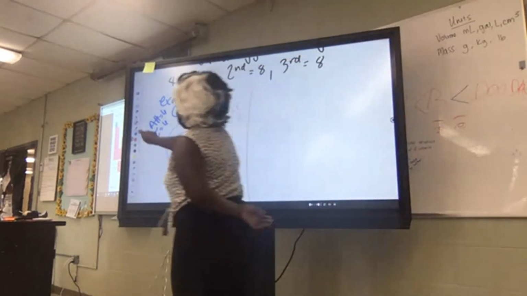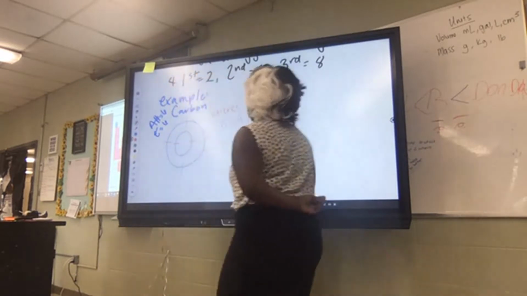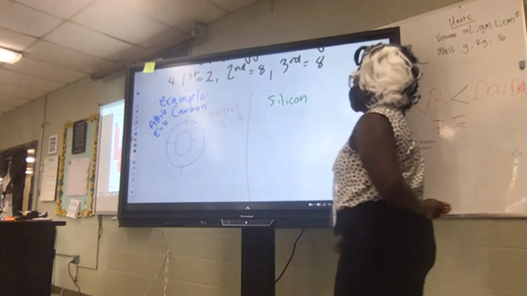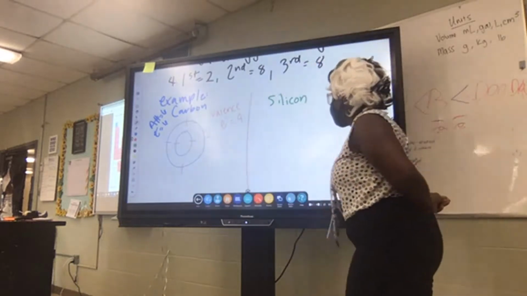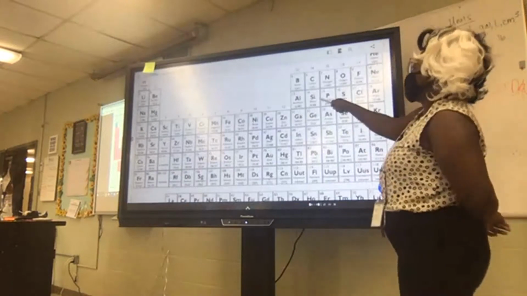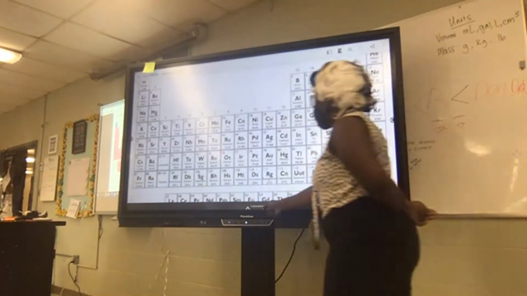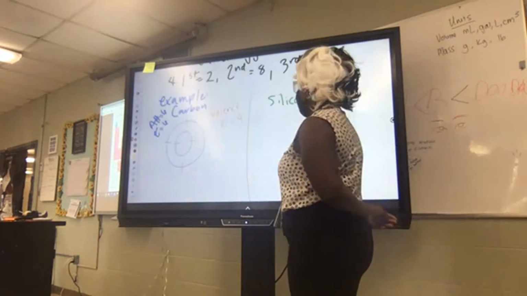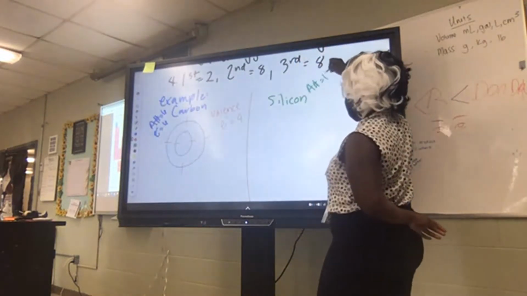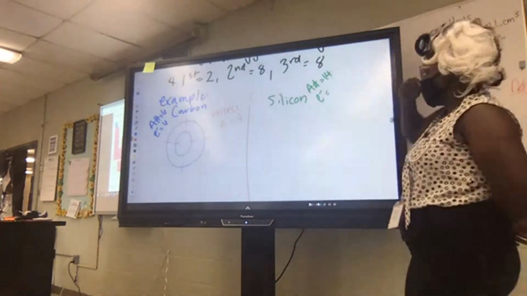Now let's do another example. Let's do silicon. Looking at our periodic table, silicon is right here. The atomic number is 14. If I know my atomic number is 14, that means I have how many electrons? 14.